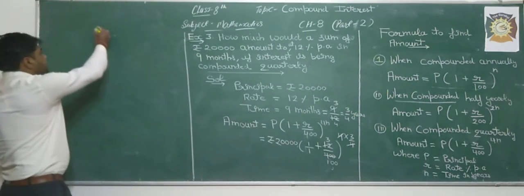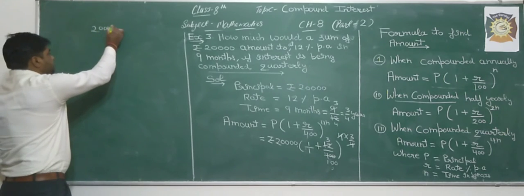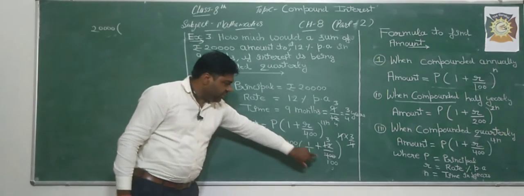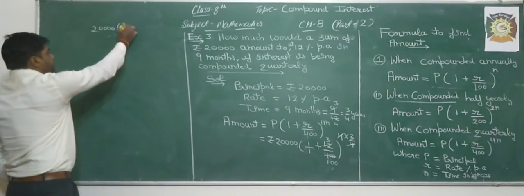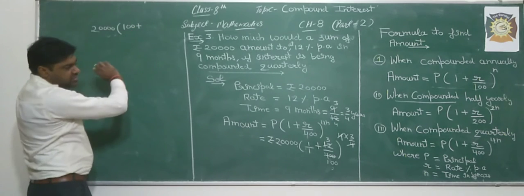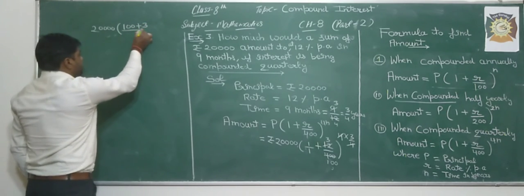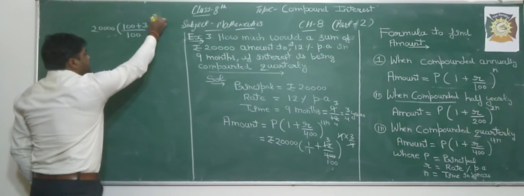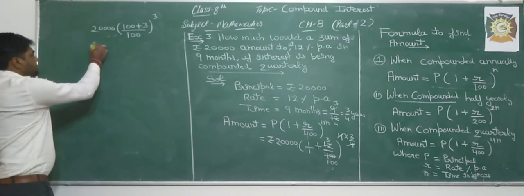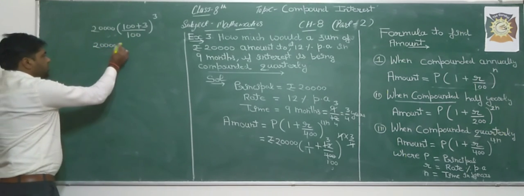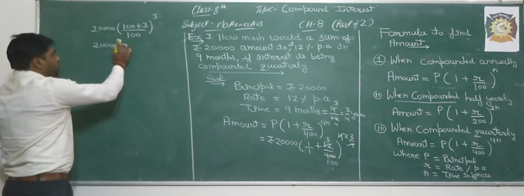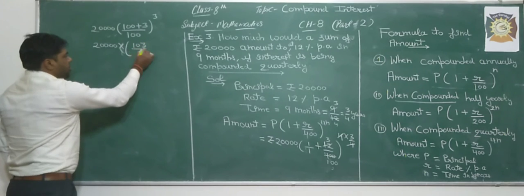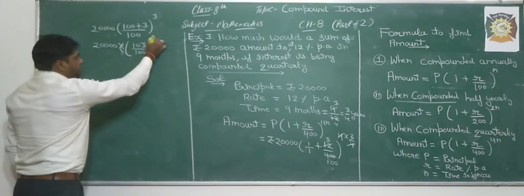We can write this as 20,000 into, applying cross multiplication here, 100 multiplied by 1 is 100, and this is 3 divided by 100 raised to the power 3. Now it becomes 20,000 multiplied by 103 upon 100 raised to the power 3.